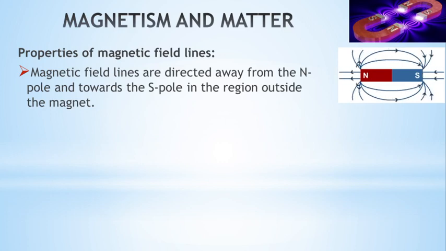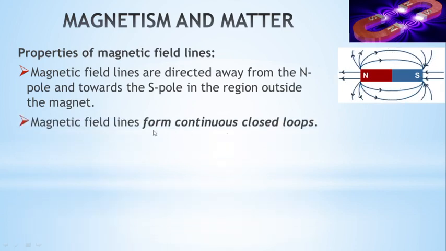While writing, you will draw the bar magnet and these lines, but the arrow mark is very important. The arrow mark should be from the N pole to the S pole. That means the magnetic field lines start from the N pole and end at the S pole.